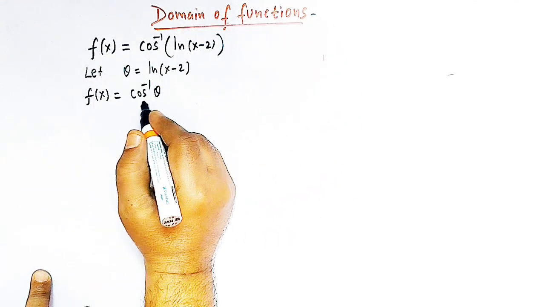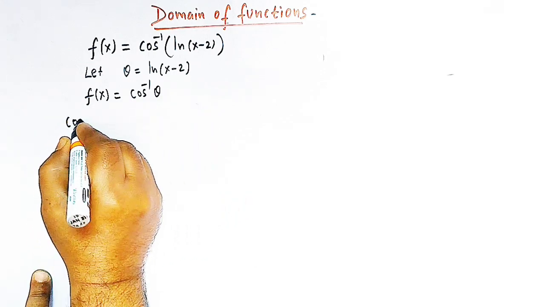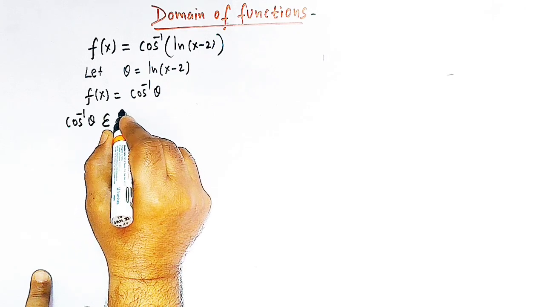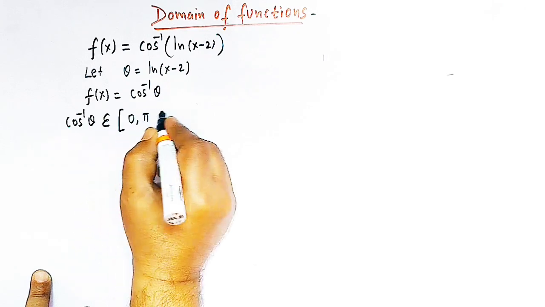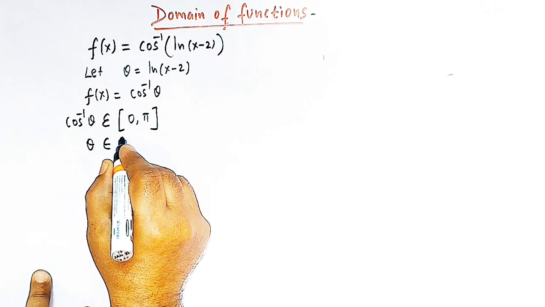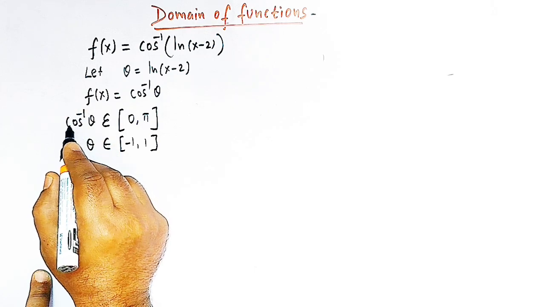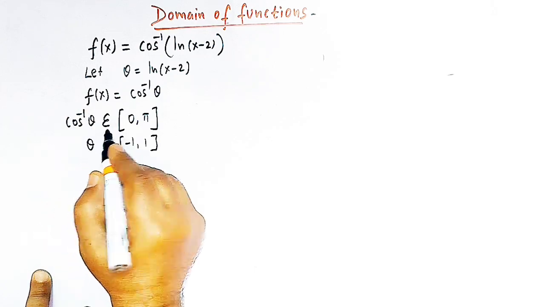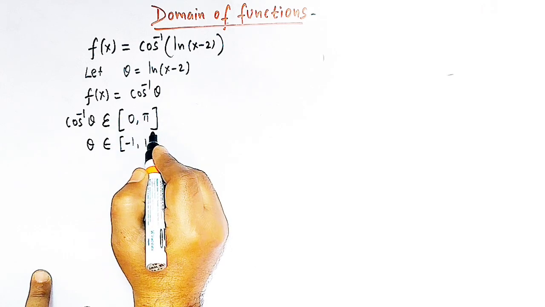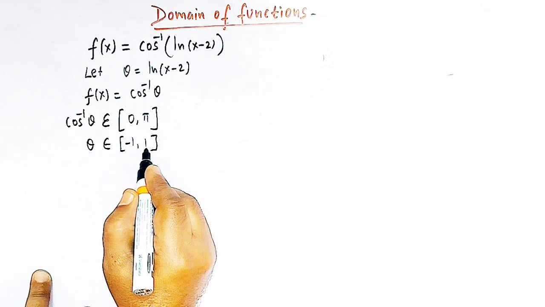Now from inverse trigonometric functions we know that the range of cosine inverse theta is given by this interval, that is 0 to pi, provided theta belongs to the interval minus 1 to 1. So the principal value branch of cos inverse theta belongs to this interval, 0 to pi. This is the closed interval, and provided theta belongs to minus 1 to 1.